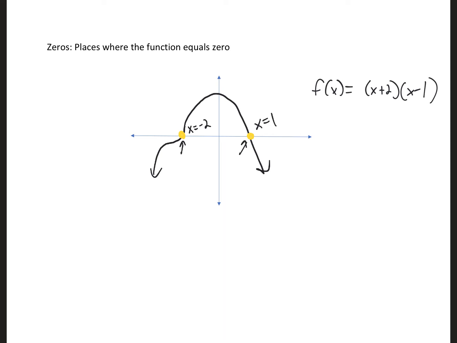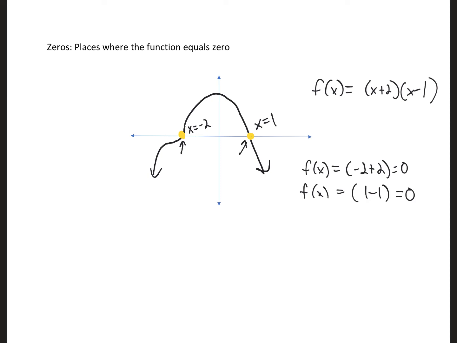First of all, x plus 2 and x minus 1 would be the factors. Well, I know that because if I was to plug in x equals -2, let's say, I'd have -2 plus 2. One of those factors would result in a 0. Or if I plugged in 1, 1 minus 1 would also be 0.